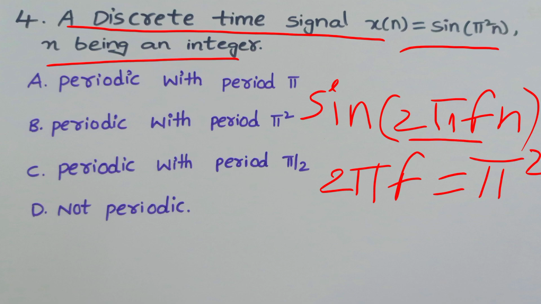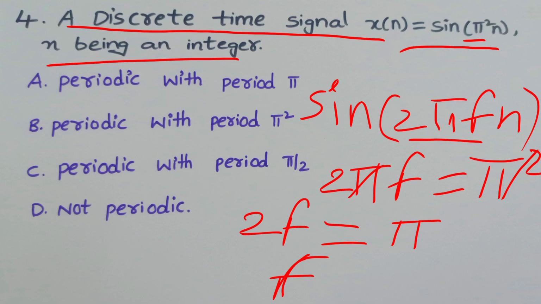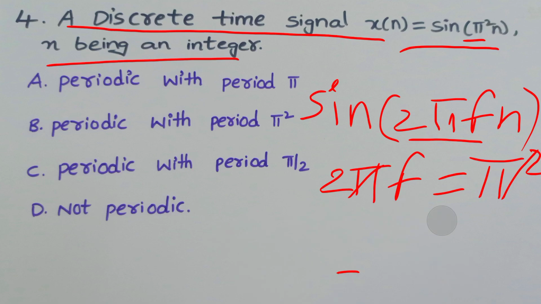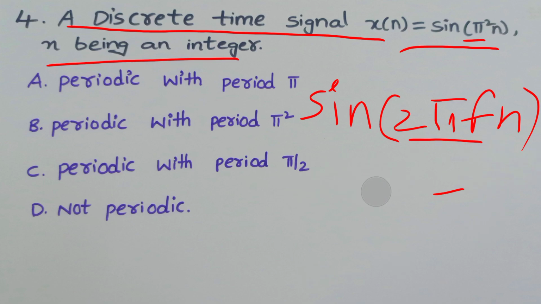Here pi and pi get cancelled, then 2f is equal to pi. Now f is equal to pi by 2. We know frequency is the reciprocal of time period. So the time period T is equal to 2 by pi.